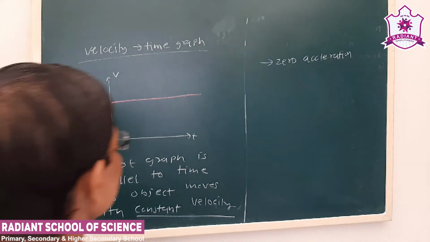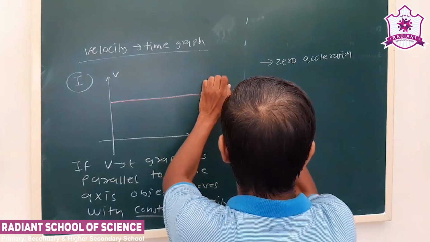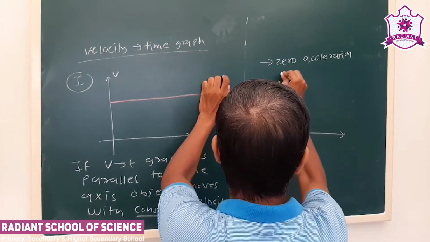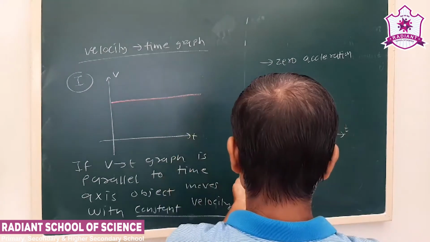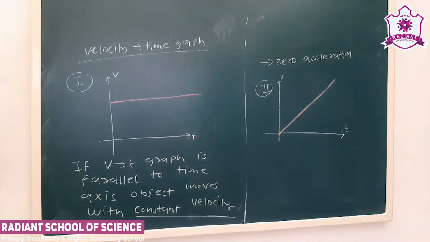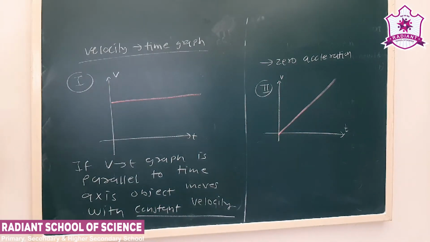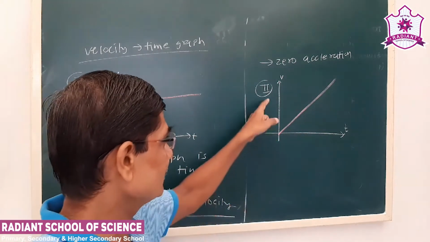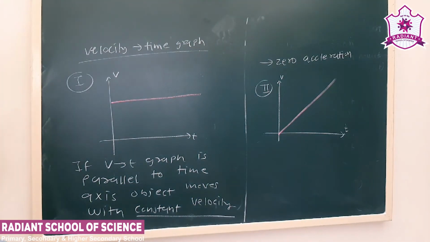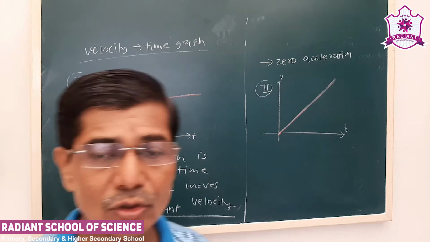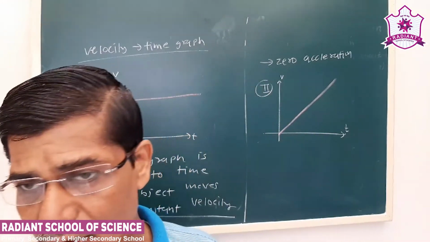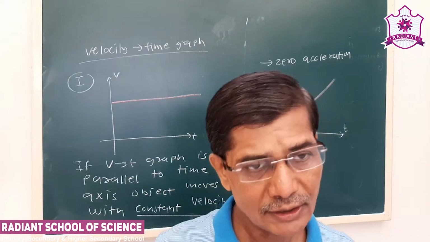Now see the second type of graph for the velocity time graph. If the v versus t graph is a straight line and there is an equal change in velocity in equal time intervals, then that is called uniformly accelerated motion, or motion with a constant acceleration.